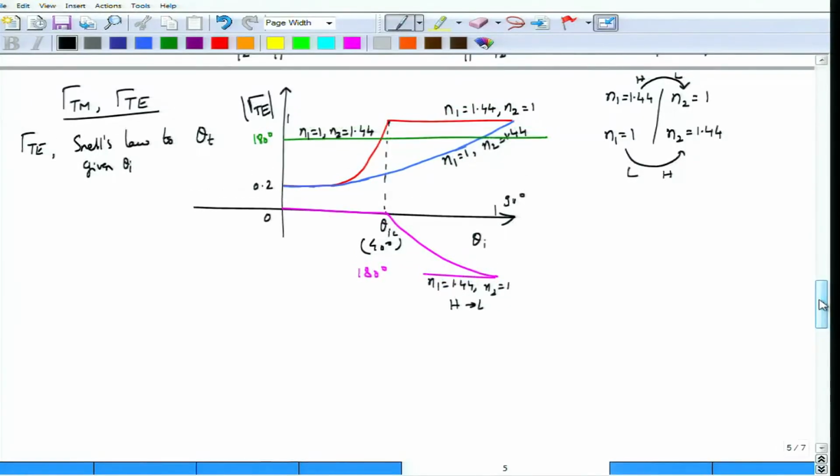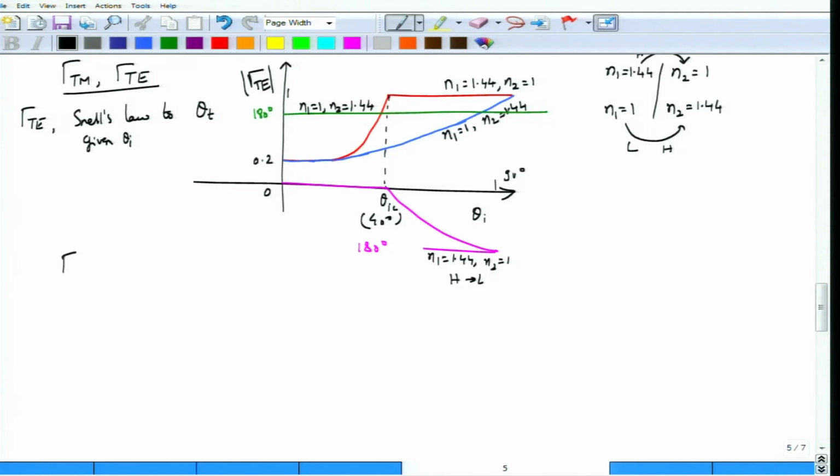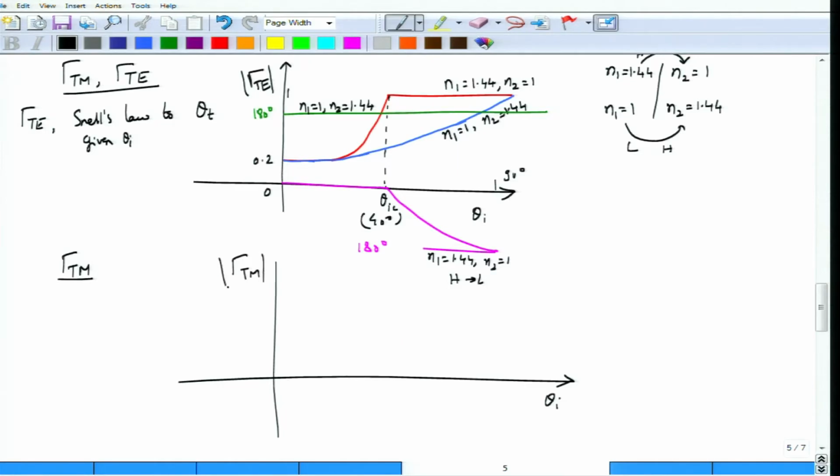We will come back to what this critical angle is in a few moments, but before that let us try to plot gamma TM, okay. For the same set of values, if you were to plot gamma TM, you will see something very interesting happening. So I am plotting the gamma TM magnitude, and initially the magnitude of the reflection coefficient would start off somewhere.